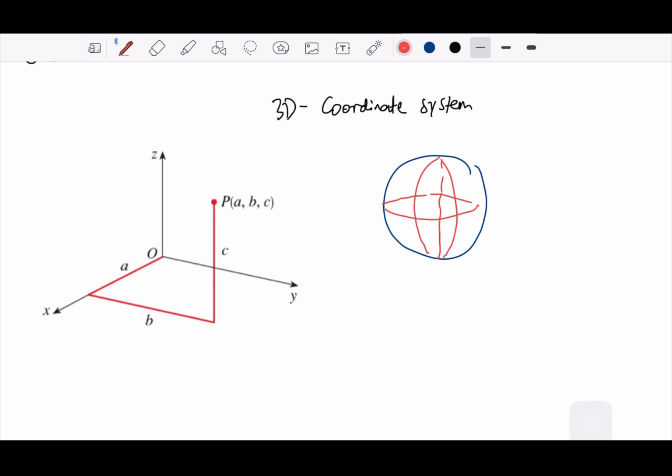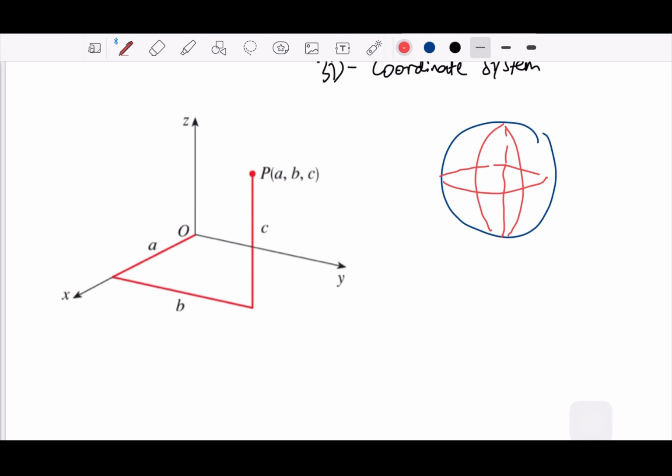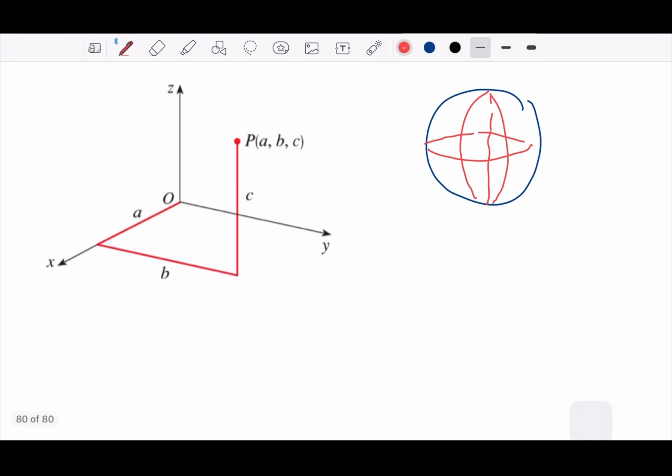We also call these octants. Before we had the quadrants, first, second, and so on, and now we have 8 octants. But mostly we are dealing with the first one here. This is usually the focus. Okay, I hope you're familiar with this.